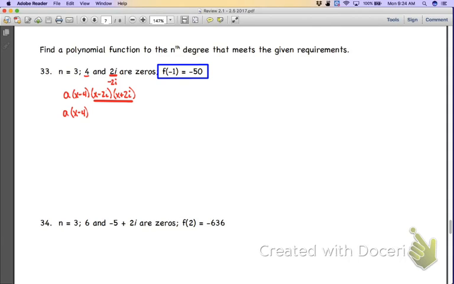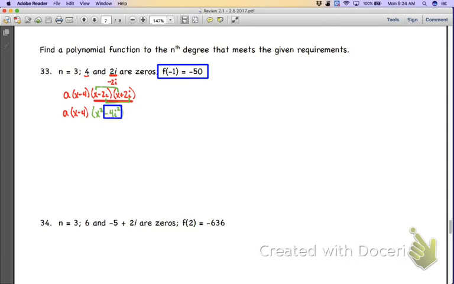So if they're conjugates of each other, I only need to multiply the first part and the back part. So -2i times positive 2i is -4i squared. Well, what's i squared? -1.